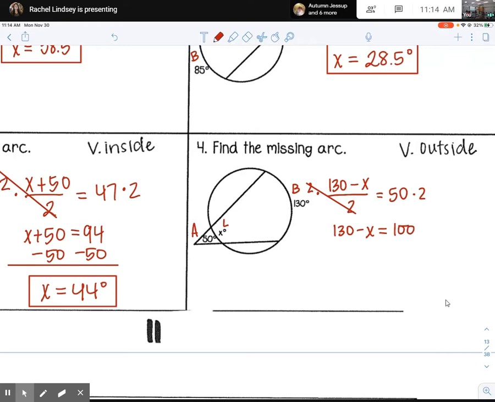Subtract it. So I have a negative x, right? So I need to bring down that negative with that x. And then what's 100 minus 130? It gives you a negative 30. Negative on both sides equals a positive. So x would equal positive 30.